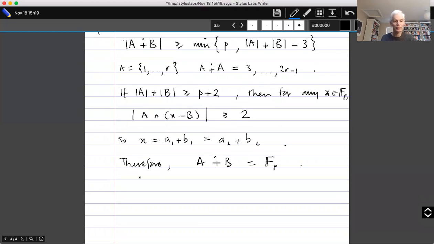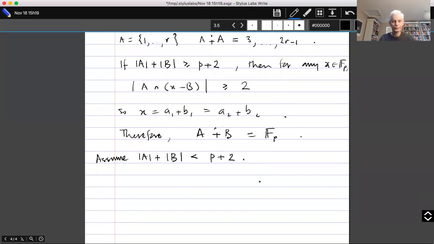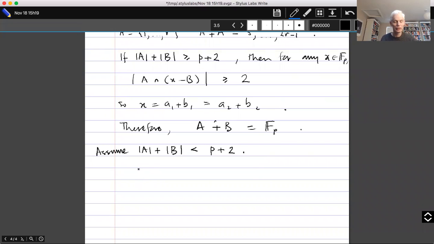So from now on, let's assume that the size of A plus the size of B is less than p plus 2, because otherwise we're done. Right, now let's define a polynomial. So what on earth are we going to do here? Well, it turns out that there's a simple answer to this.